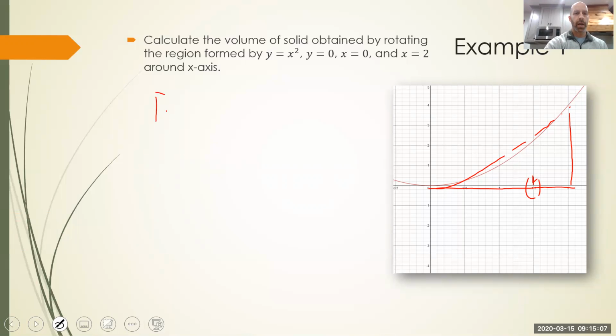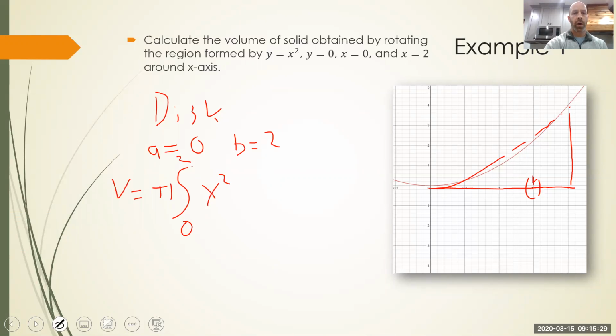This is going to be a disk method problem. We know that A here is going to be 0, B is equal to 2, and so our volume is going to be pi integral from 0 to 2 of x squared dx.